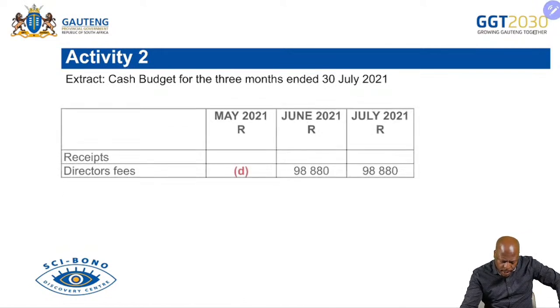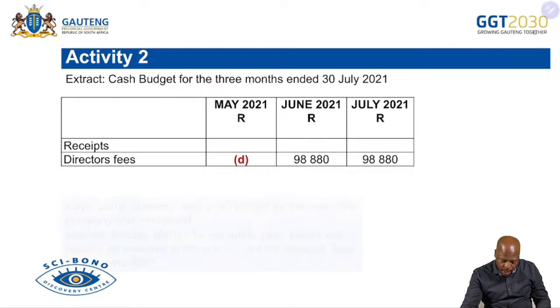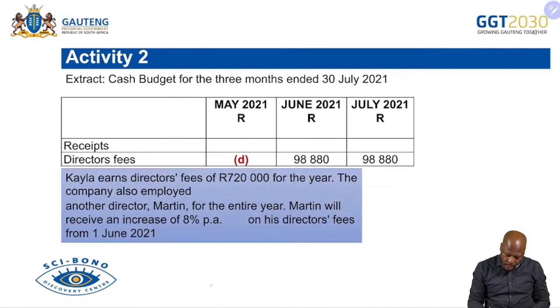It says cash budget for the 3 months, and then the director's fees, which is D. Now, let's hear the information. It says, Kayla earns director's fees of 720 for the year. The company also employed another director, Martin, for the entire year.